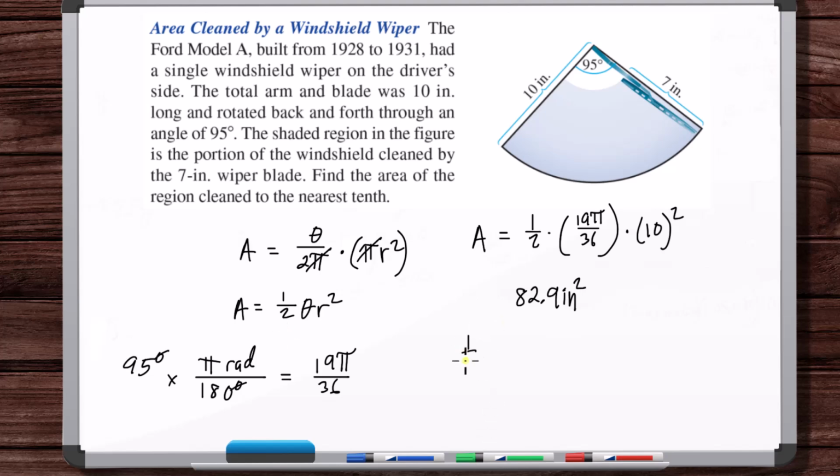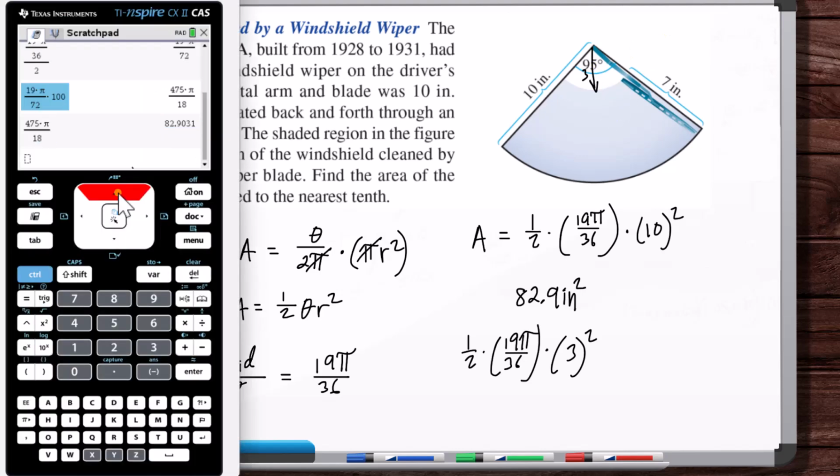So we're going to do 1/2 times 19 pi over 36 times 3 squared. Why? Because 10 minus 7 is 3. This radius is 3 inches. So 19 pi over 36 times 1/2, and now times 9.